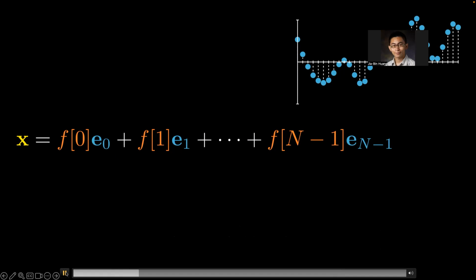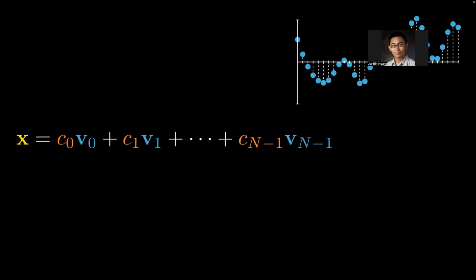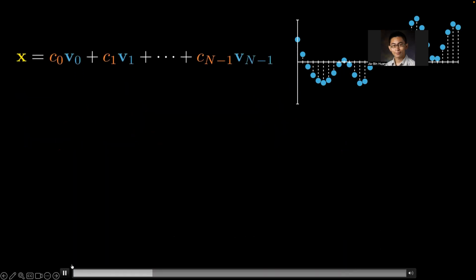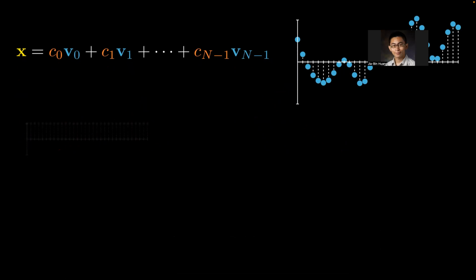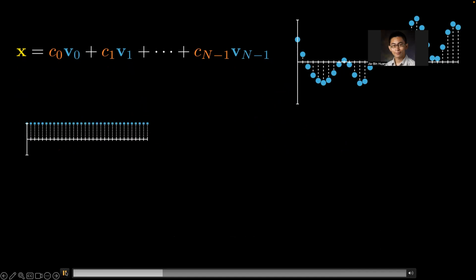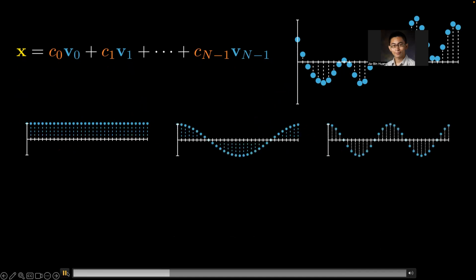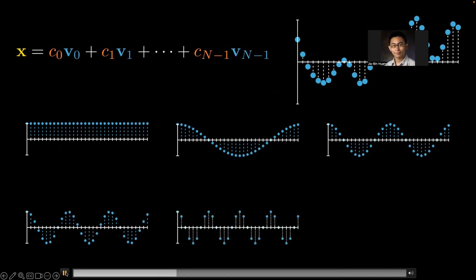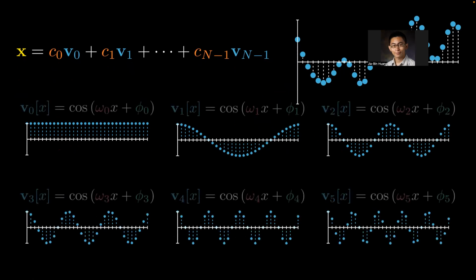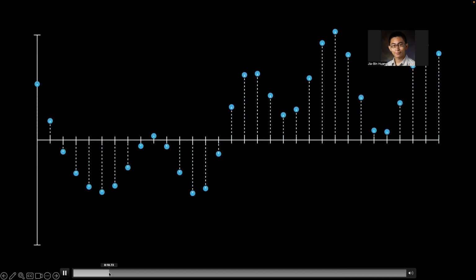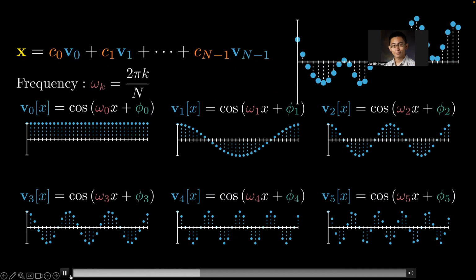But what's interesting here is that there's another very important basis that you can describe this in, V0 to Vn. That basis is called the sinusoidal basis. Basically, any signal can be decomposed into sinusoidal waves, and these waves have different frequencies.